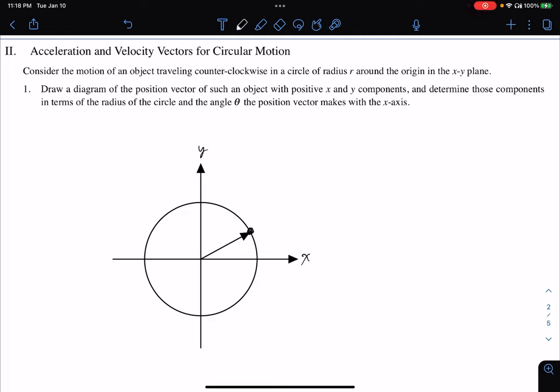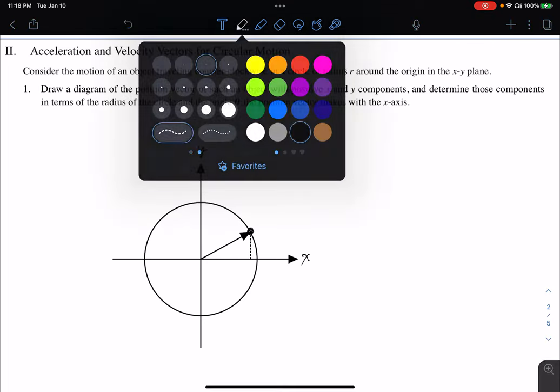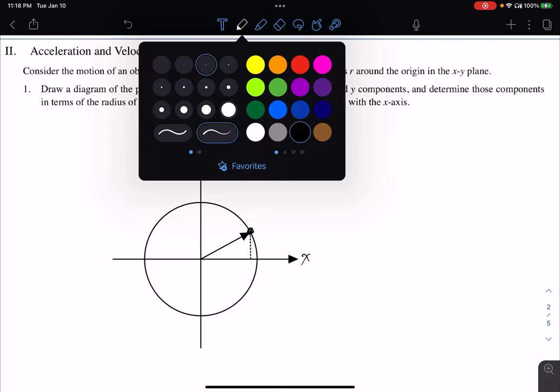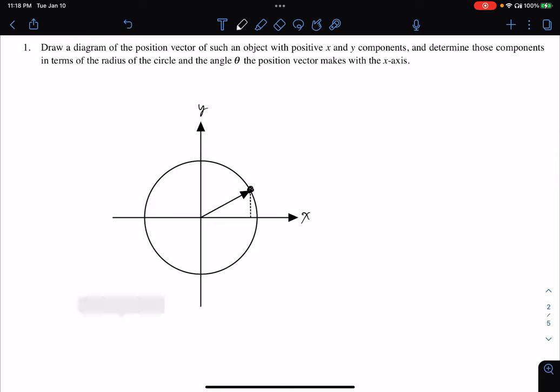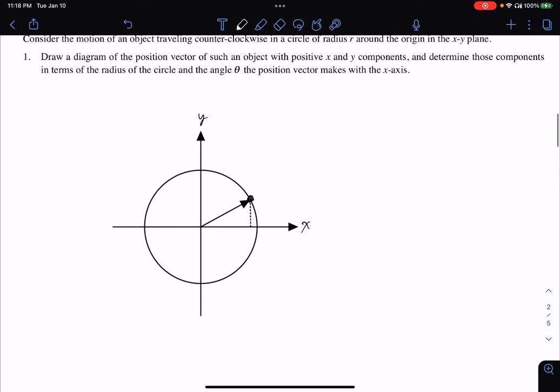Now, the x component of this vector is somewhere here, and the length on the x-axis is the x component of this vector, and also the x location of this particle. So the length over here, which is the radius r times the cosine of this angle theta, will be the x position of this particle.